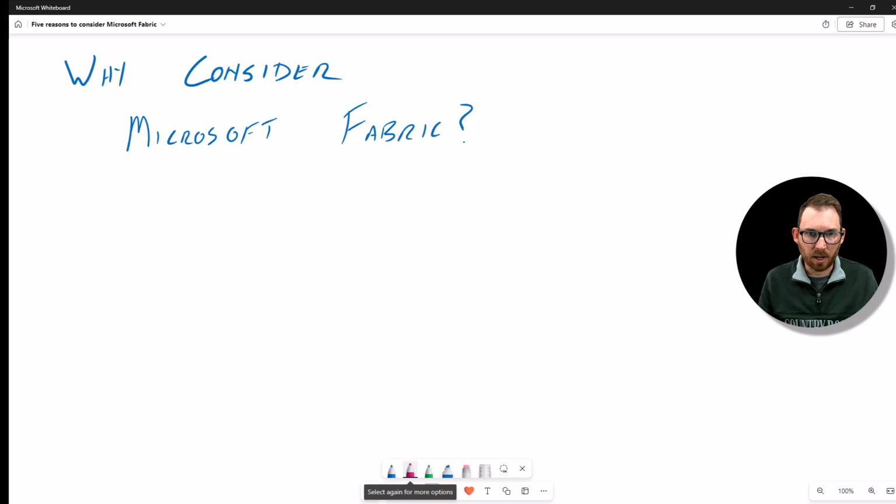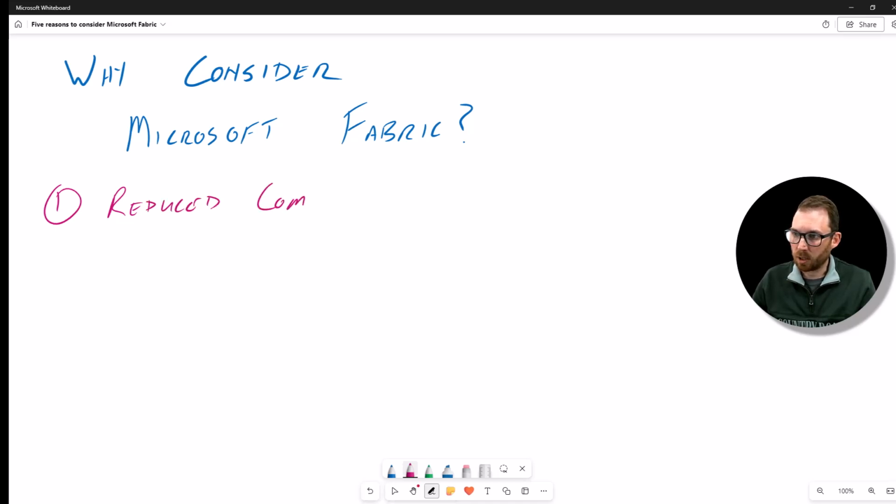So let's kick into it, and let's start with one of the first ones, and one of the easiest ones to think about, which is reduced complexity. If you're new to understanding a bit more about Microsoft Fabric, it is a SaaS service, a software as a service solution.